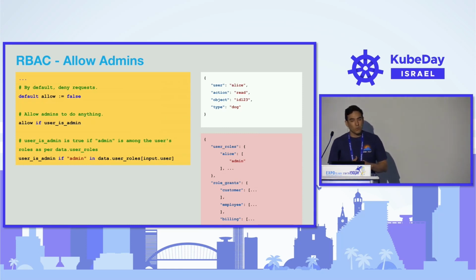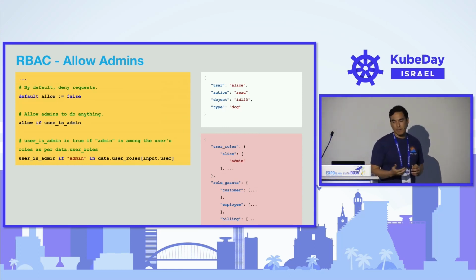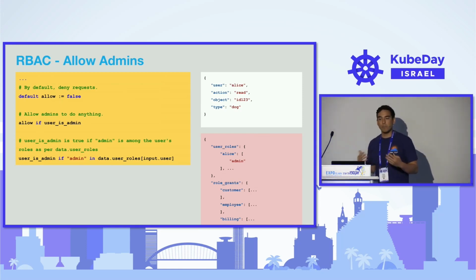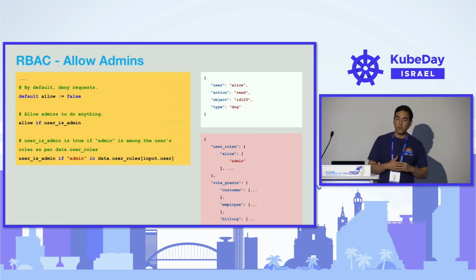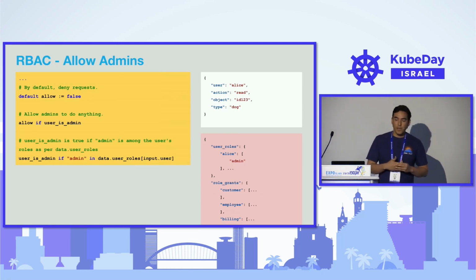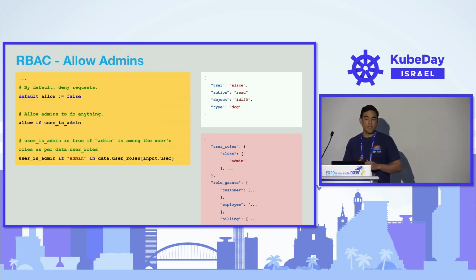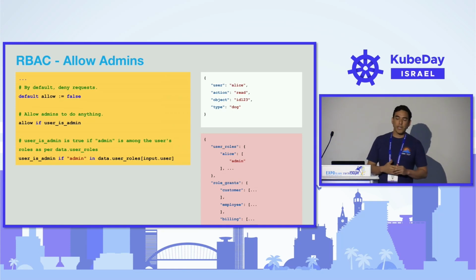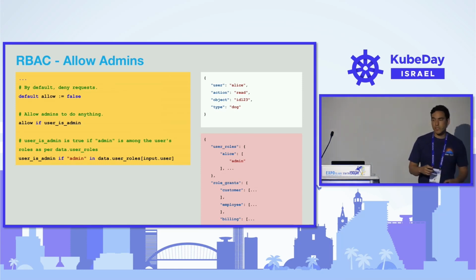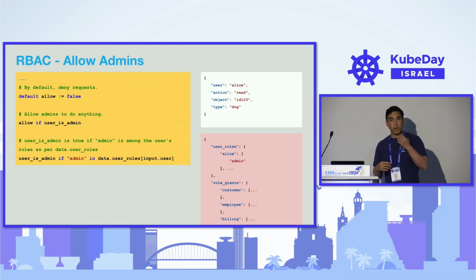So now, this very simple rule of allow admins, what we're doing here is, we have one rule, which is that allow rule, but we are now calling out to a helper function. This helper function is going to be what actually runs the logic. And in here, we can see user is an admin if admin is in data.user roles, and we're checking for that specific input.user. That input user on the right-hand side there in the white box is what is shipped from the service asking the question.